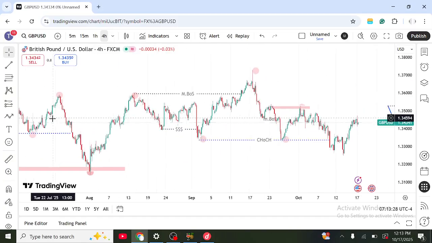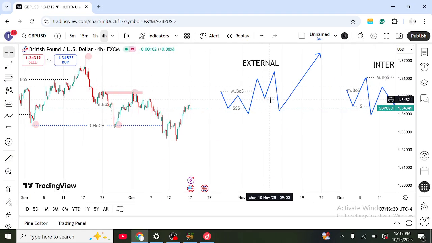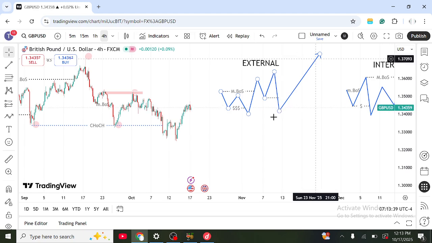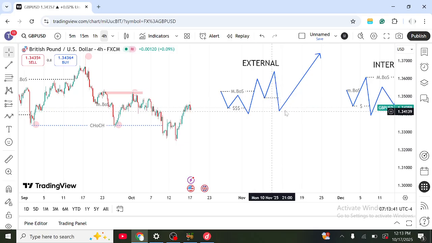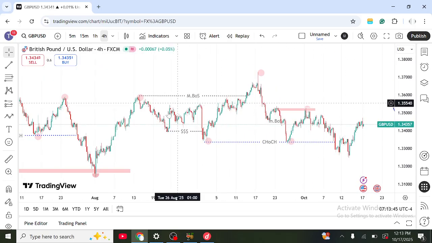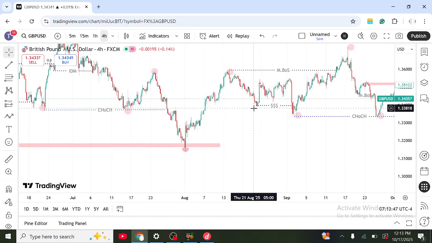Look at what we have here. Do you know that there are some people that would have tagged this place as a change of character because they want to sell, and then price pushes to the upside? So that you won't fall into this type of inducement of the market, you have to understand an authentic change of character.